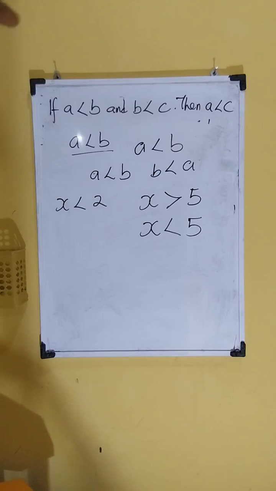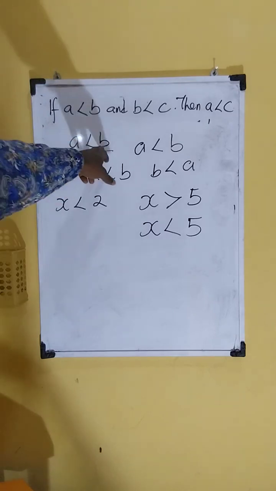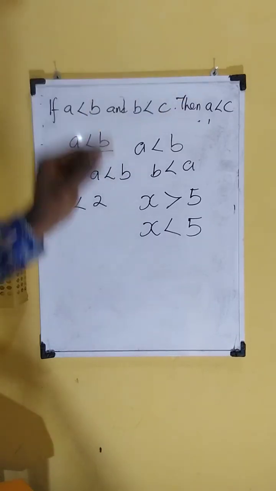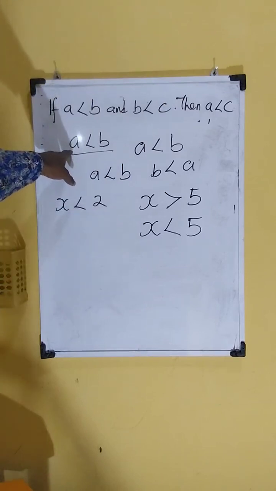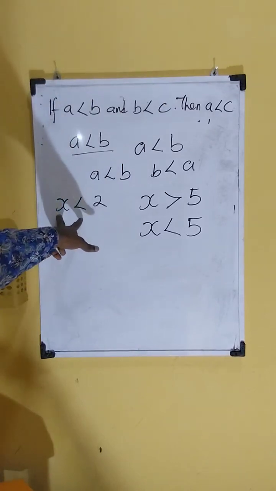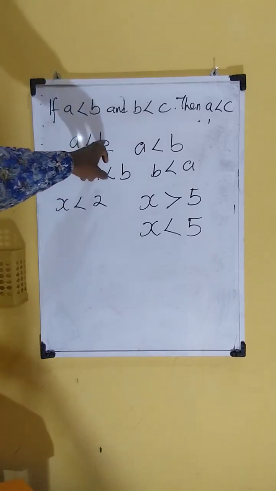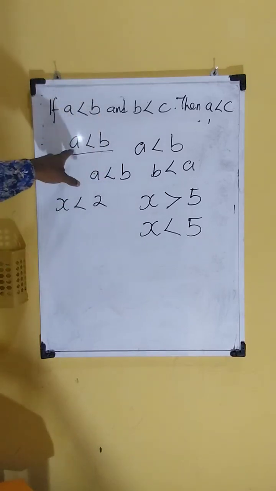I said, if B is 2, I did not follow the course material. I was assuming as if the value of B is 2, based on your question, what will now be the value of A, just like we did here?